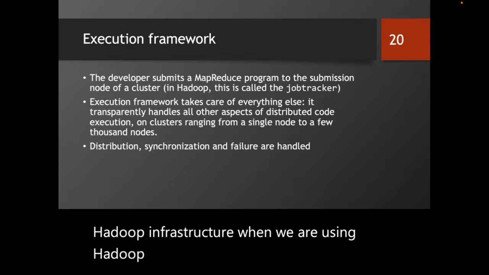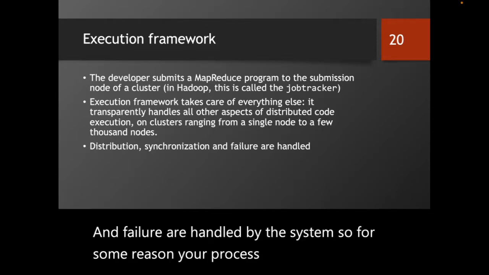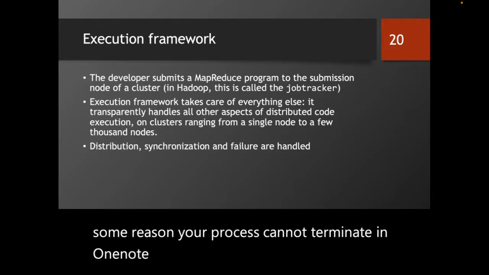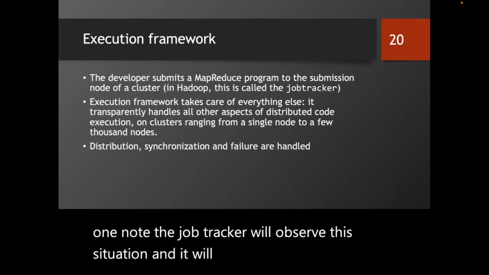So distribution, synchronization, and failure are handled by the system. If for some reason your process cannot terminate in one node, the job tracker will observe this situation, and it will deploy your process in another node.